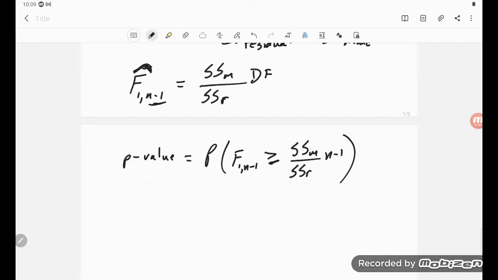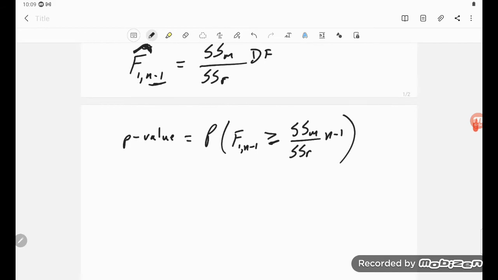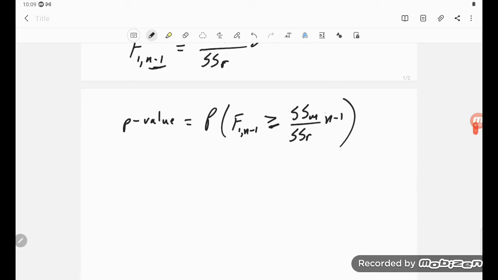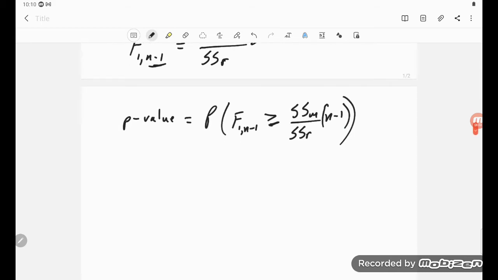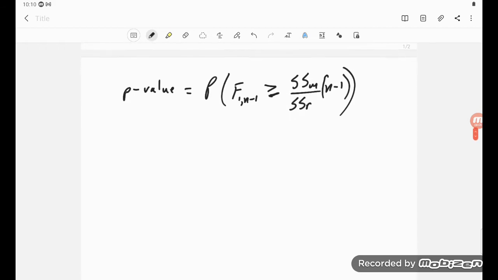And so that's how we will check our p-value for this F-test, is simply looking at that. Let me put some parentheses around that n minus 1. Okay, so that's where we can get that.